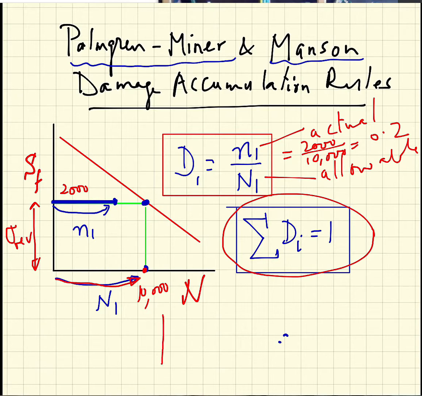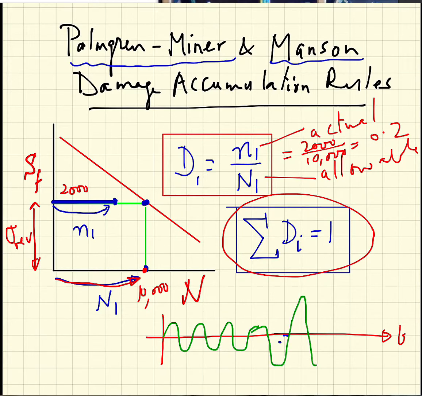So this kind of situation would be, if you look at the time domain, then you would have a certain number of cycles of amplitude 1, like this, and then this is followed by a different number of cycles with amplitude 2, and so on.